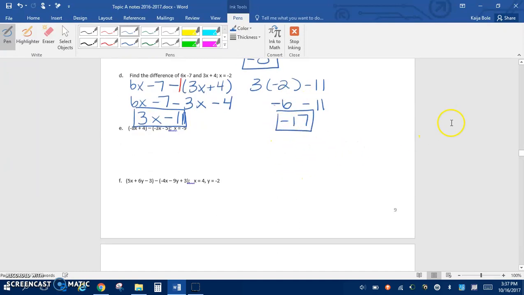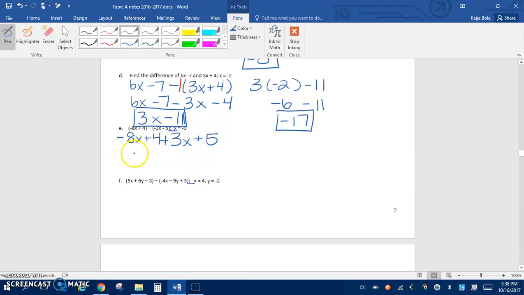Right, part E says negative 8x plus 4 minus the quantity of negative 3x minus 5. So we bring the first part down, negative 8x plus 4, but then we got to distribute that negative. So a minus negative 3x would give us a plus 3x, and then a minus a negative 5 would also give us a positive 5. So now we combine like terms.